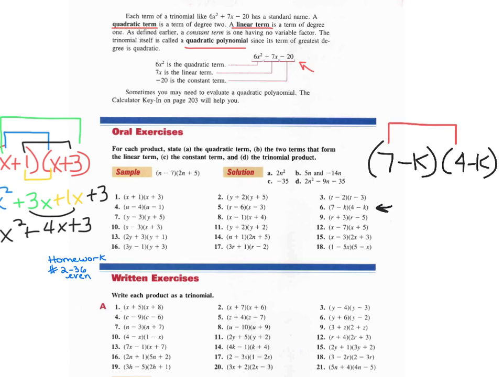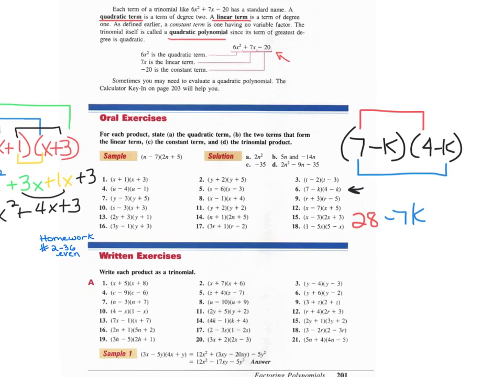So first, this time I get the constant listed first, then the two outside terms, for the outer, and I'm going to take this as a negative k, so negative 7k, then the two inside terms, negative 4k, and then finally the two last. Negative k times negative k gives me positive k squared. Again, you'll be able to group the middle, so 28 minus 11k plus k squared.